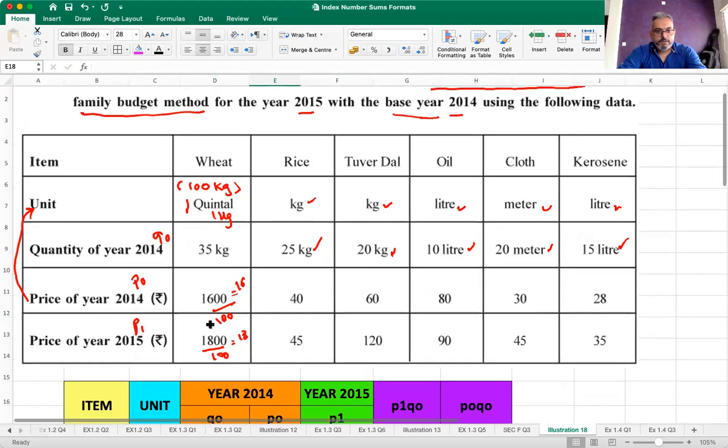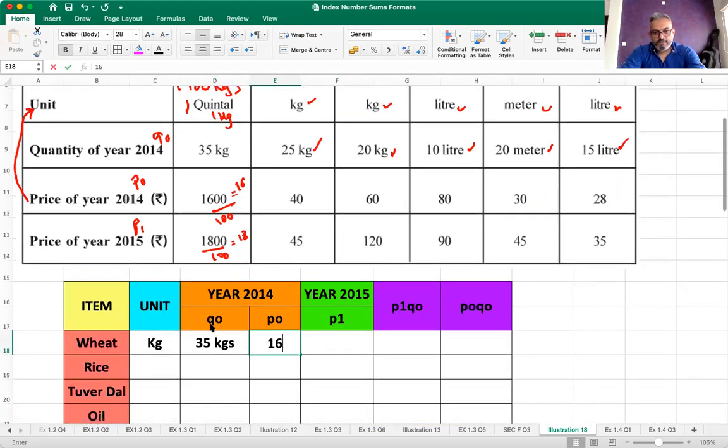Price is now 16 rupees, and price of current year 2015 is 18 rupees. Rice. So no problem with rice. Directly kg, 25 kg, 40 rupees, 45 rupees.